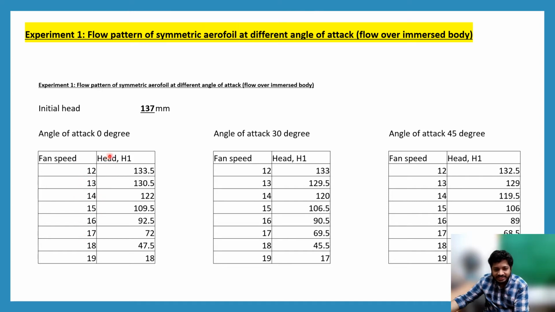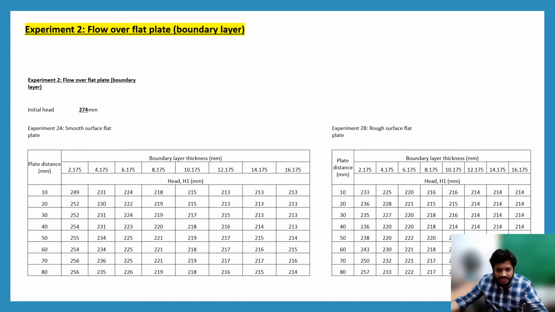For the head pressure, in terms of height, we have an initial height of 137 millimeters, and the remaining heights are given in millimeters as well. Using this you will be able to calculate delta H, or the change in height. Here is experiment number 2, flow over flat plate. It can either be a smooth surface plate or a rough surface plate.